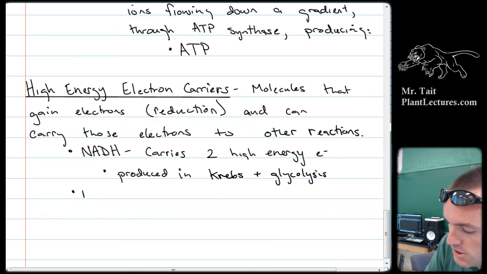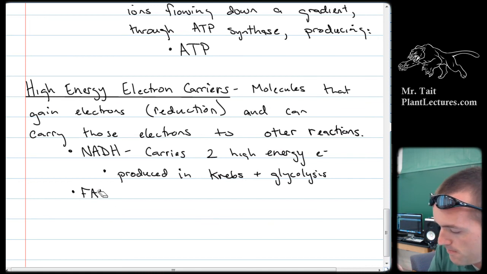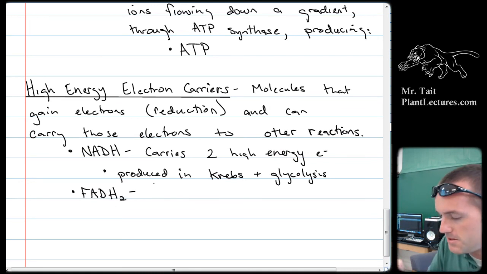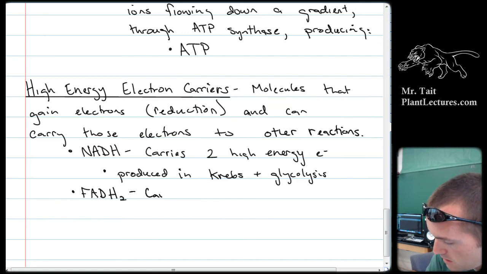Then you got FADH2, which this is sometimes confusing to people. Why do you need 2 things? And it's even more confusing here. It carries 2 slightly lower energy electrons.